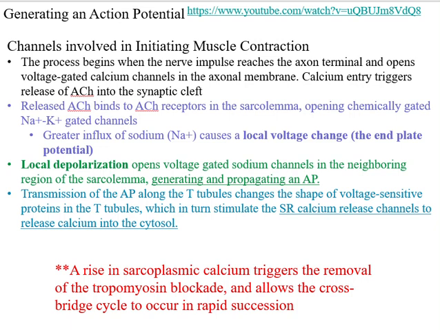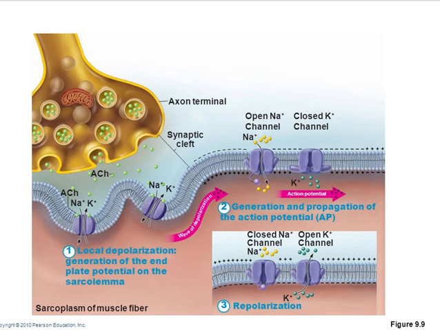When we stimulate the sarcoplasmic reticulum calcium channels to release their calcium into the sarcoplasm or the cytosol of a skeletal muscle cell, that's going to increase the intracellular amount of calcium in the muscle cell, and it's the rise in sarcoplasmic calcium that triggers the removal of the tropomyosin troponin cascade and allows for the cross-bridge cycle or step 3 to occur. This would occur in very rapid succession. It's a very quick process, even though it's taking a while to talk about.